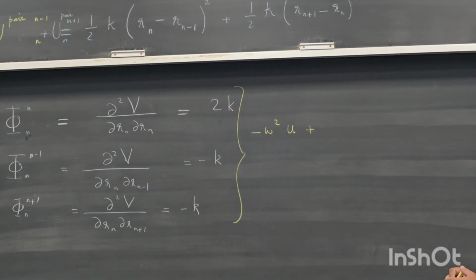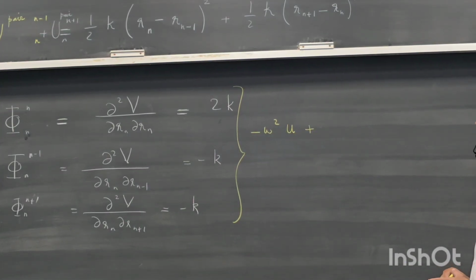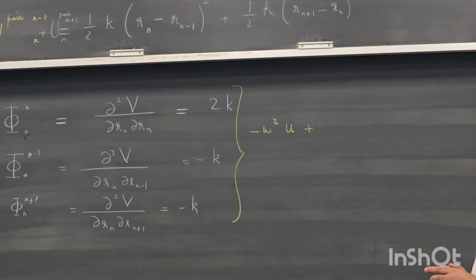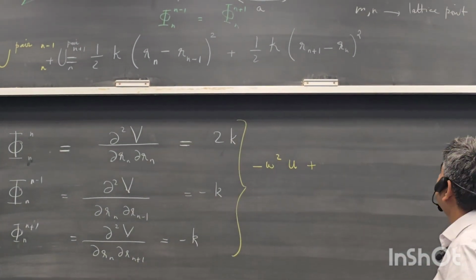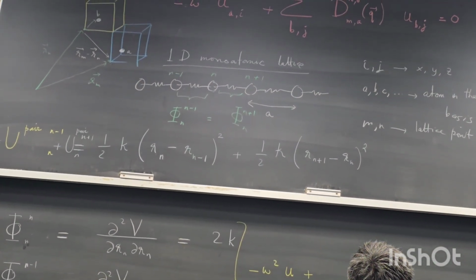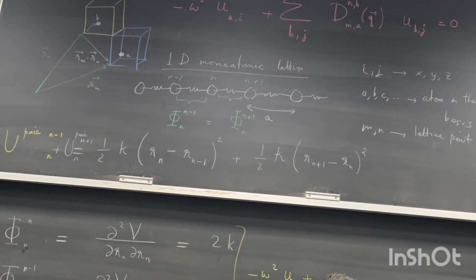Now I need to find a sum over b's and j's. So I really need to find d.